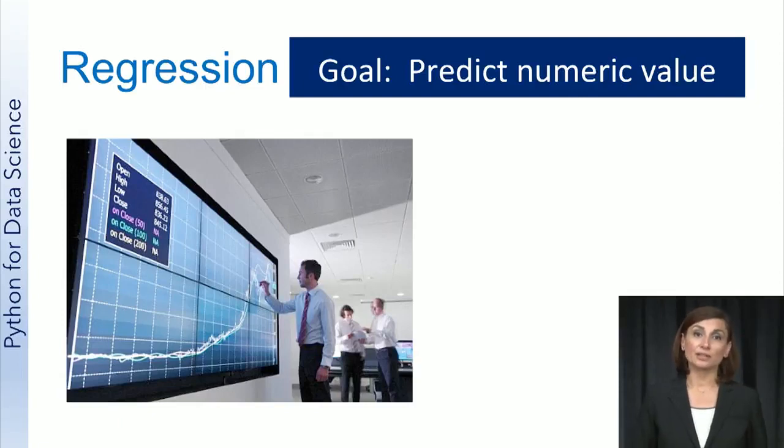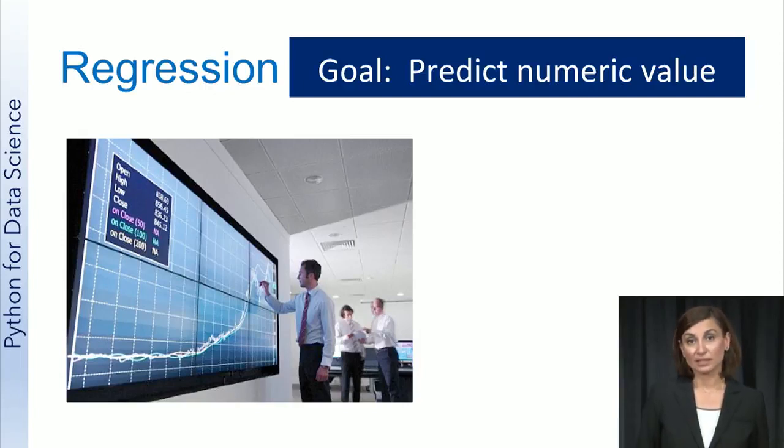If you were to predict whether the stock price will rise or fall, then that would be a classification problem. But if you're predicting the actual price of the stock, then that's a regression problem. That is the main difference between classification and regression. To summarize, in classification, you're predicting a category, and in regression, you're predicting a numeric value.